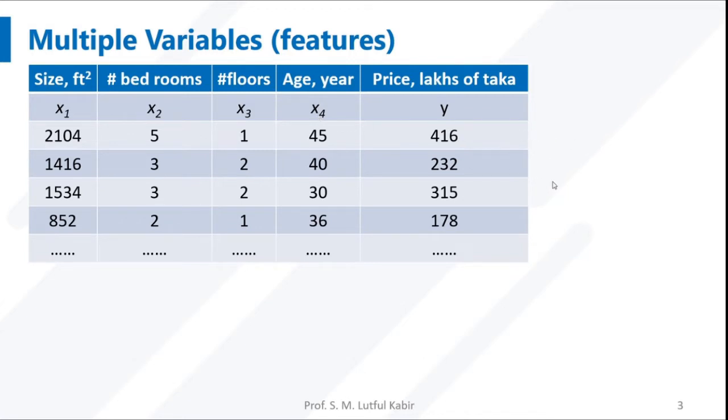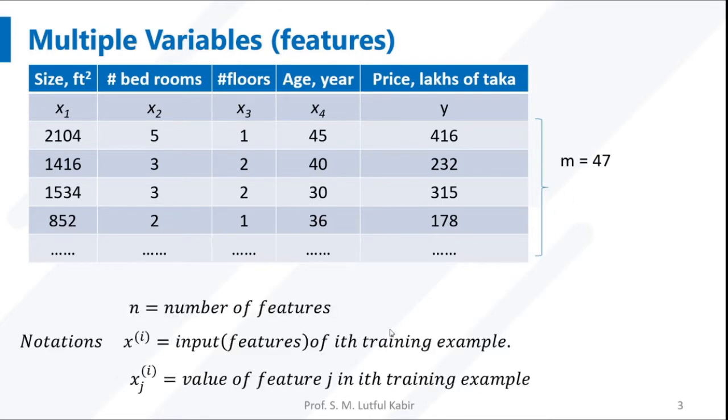If we have a total of 47 data examples, or in this table 47 rows, then we call m equal to 47. The notation m is for the number of examples. And there are other notations related to multiple variables, and n is the number of features.